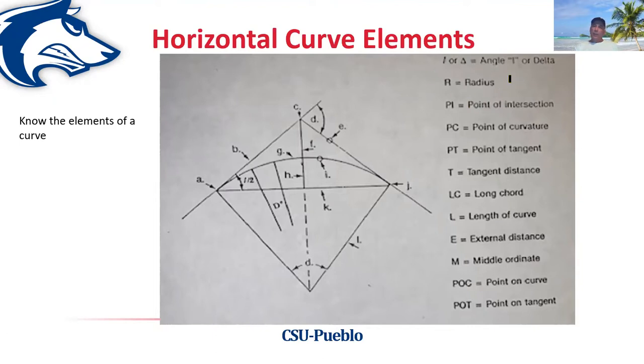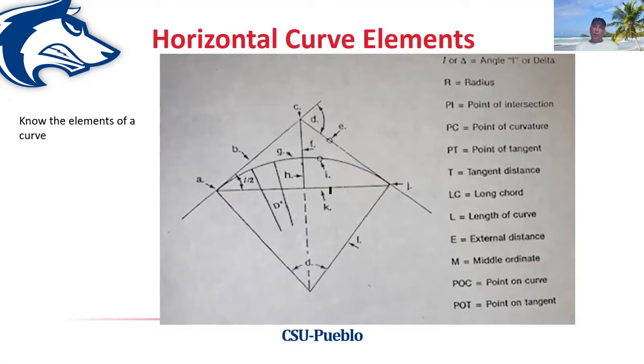The next point I'd like to pull your attention to is something called the radius. The radius is the distance if we were to take this tangent line and the point at which this began here, and we could turn a 90-degree angle back, and if we could come over here to where the curve ended and turn a 90-degree angle back, where these two points would intersect would be the radius point. The radius point, the radius distance, is going to be the distance from that radius point to that point along the curve, and then anywhere else along the curve here.